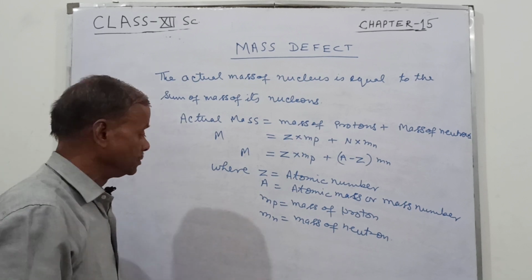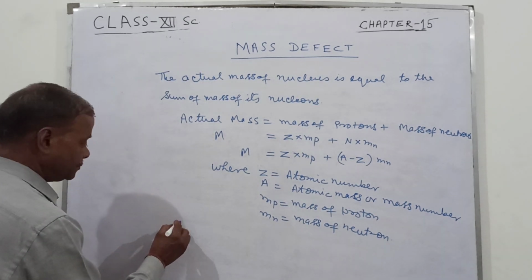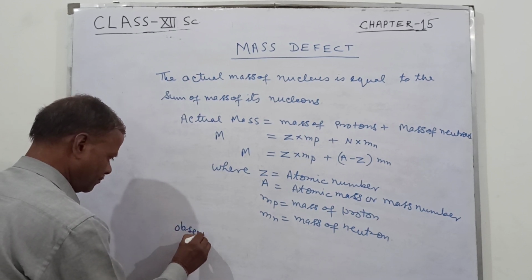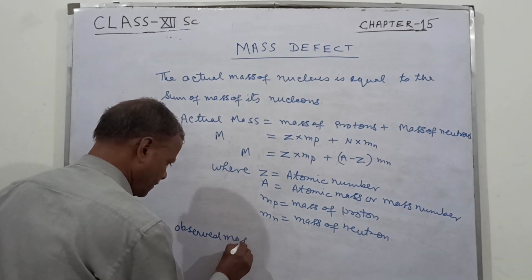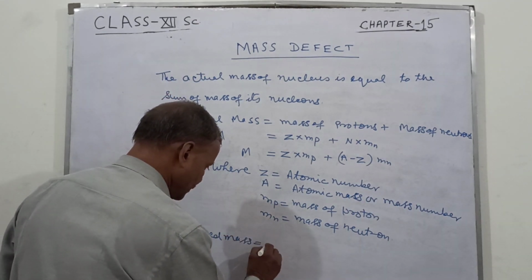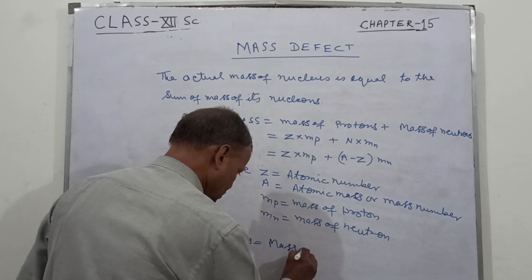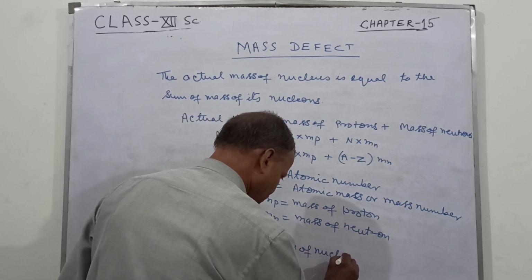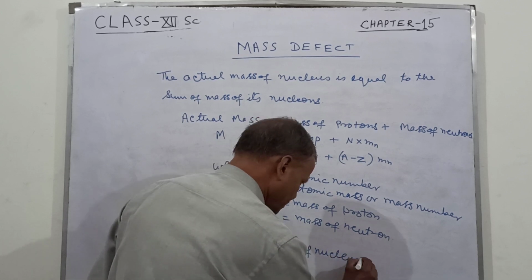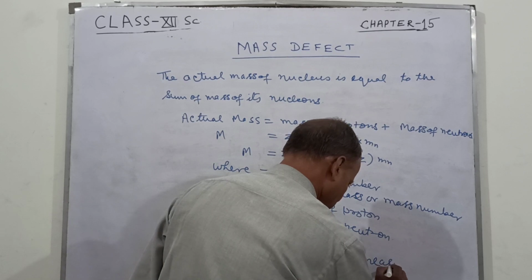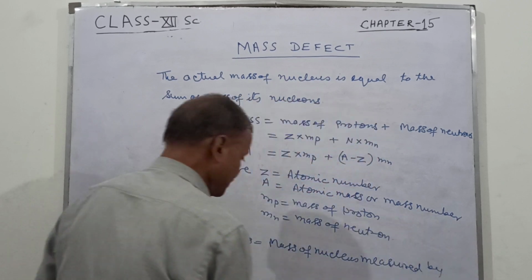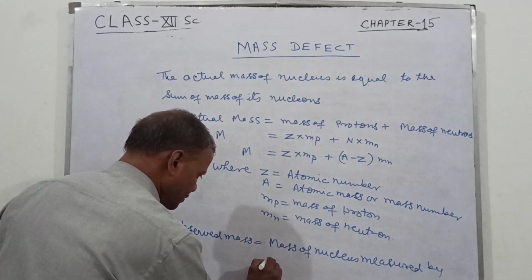So this is the actual mass, and the observed mass is equal to the mass of nucleus measured by mass spectrograph.